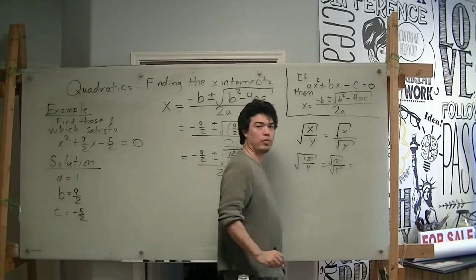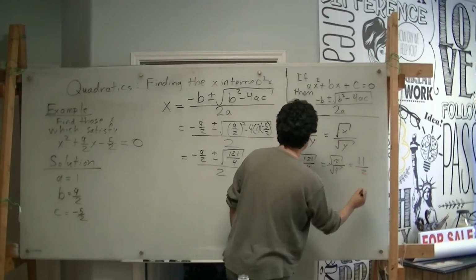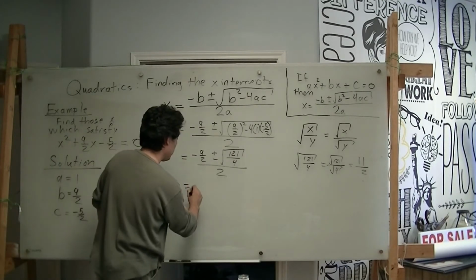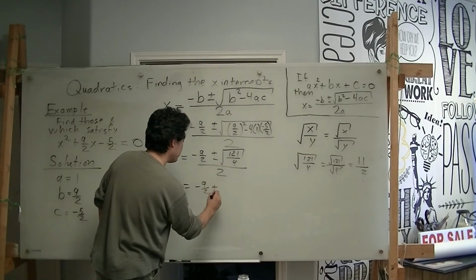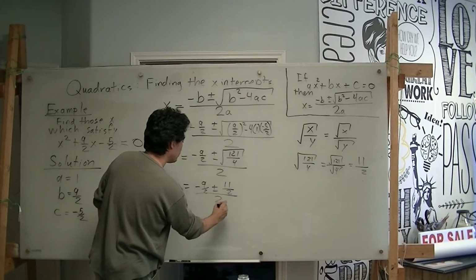The square root of 121 is 11, and the square root of 4 is 2. So we can finally rewrite this part as equal to negative 9 halves plus or minus 11 halves over 2.